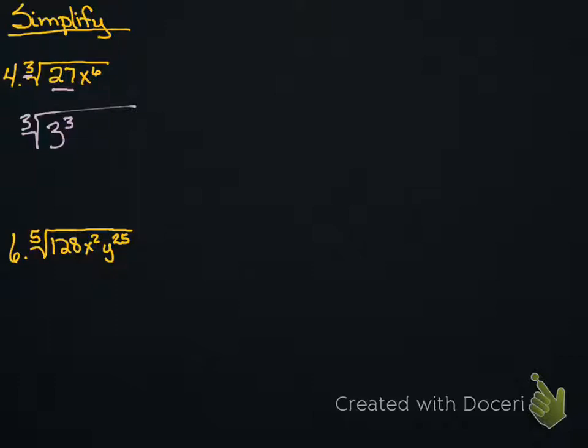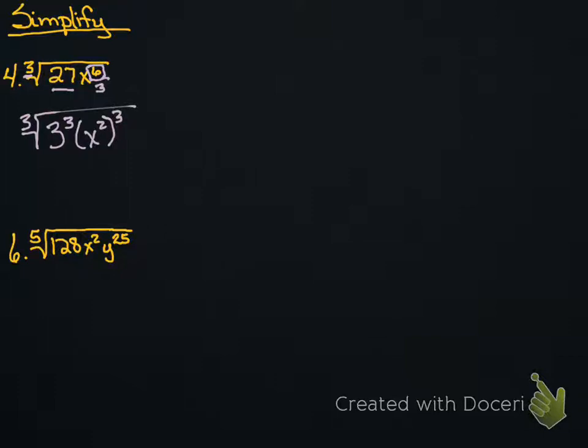And then if I look at my x to the 6th power, if I divide 6 by 3, that means I have an exponent of x to the 2nd power, and then I can raise that to the 3rd power, because when I take x squared and raise it to the 3rd power, I multiply those exponents, and that gave me my original 6.